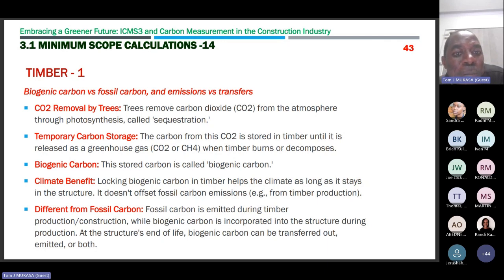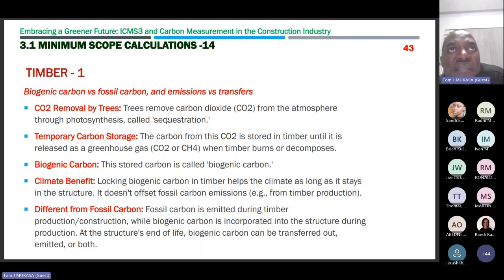So it stores the carbon for as long as the building is in existence, and therefore it does what we call sequestration. And as you saw in Joe's presentation, he came up with a certain figure of, I don't know whether it was 115, but because of some timber or some sequestration, it reduced to about 112, something like that. So that is the purpose of timber.